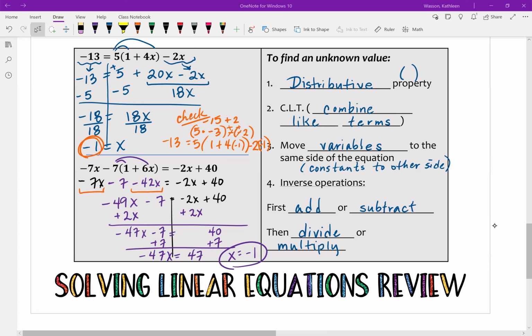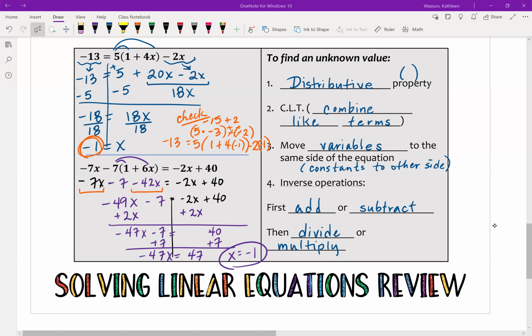Then I combined like terms on the left, and then I started moving variables to the same side, moving constants to the same side. I found that -47x is equal to 47. I divide by -47 on both sides, and I get x equals -1.